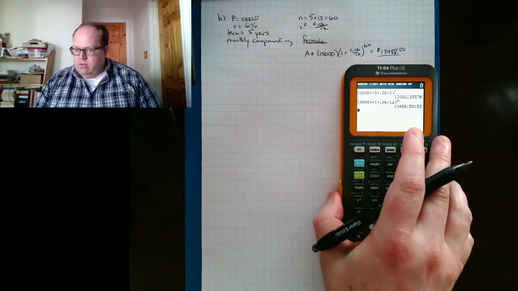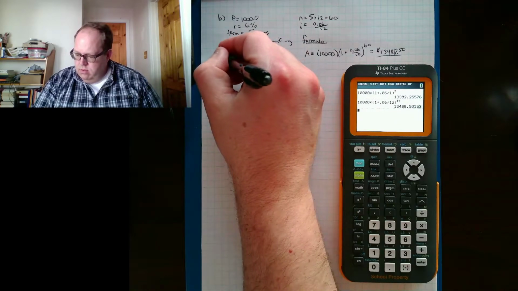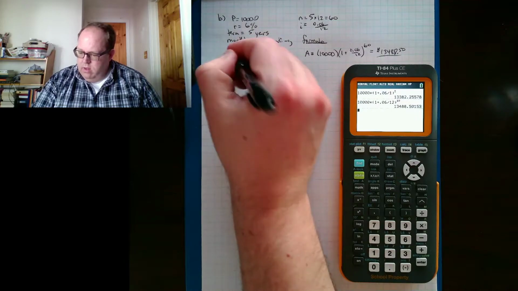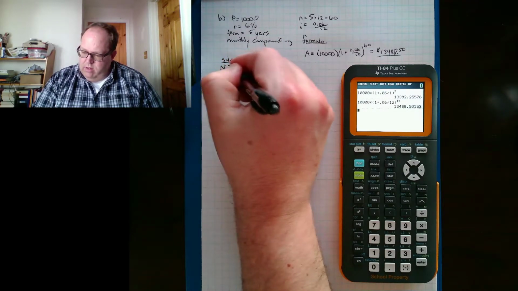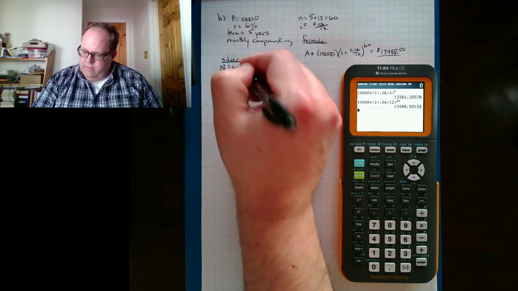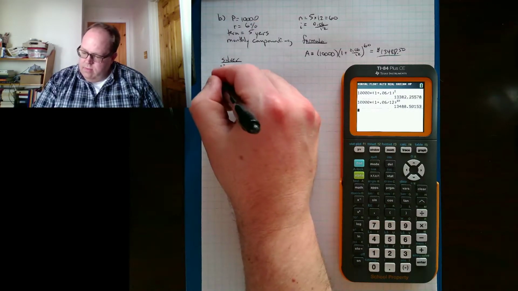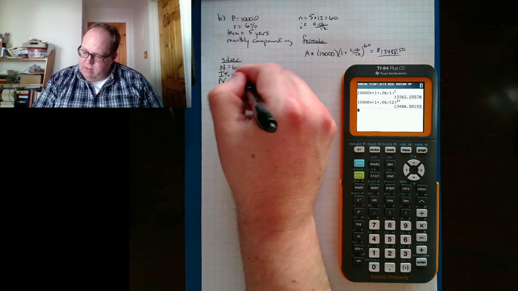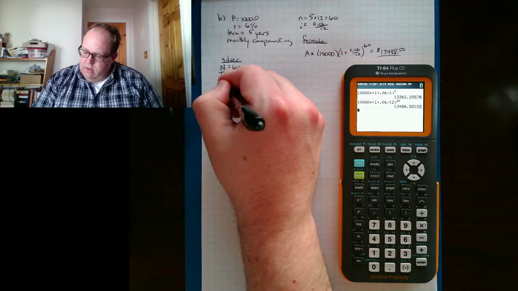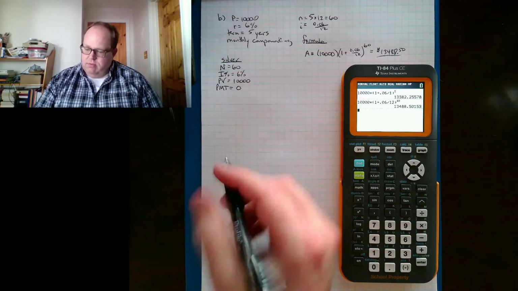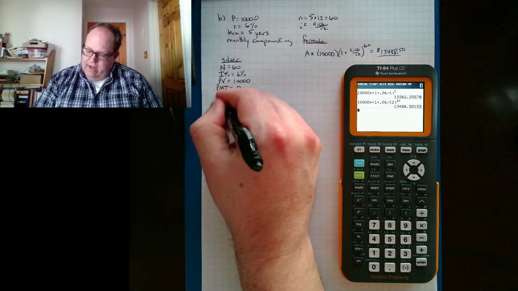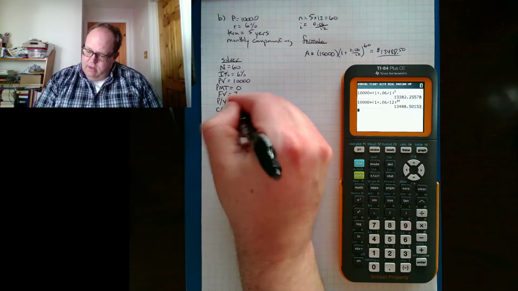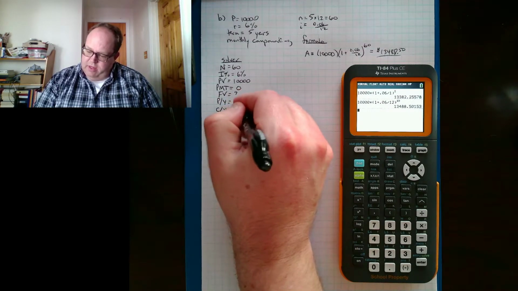Or again, we could use the solver to get the same thing. Your n is 60, your interest rate is 6%, your present value is $10,000, you're making no regular payments, your future value is what you're looking for, only now, at the bottom, you have 12 periods per year, not just one.